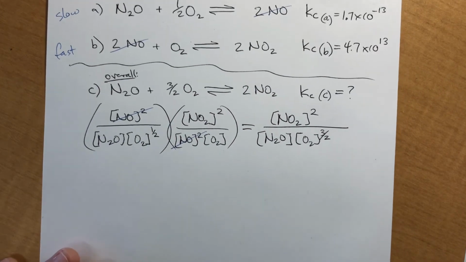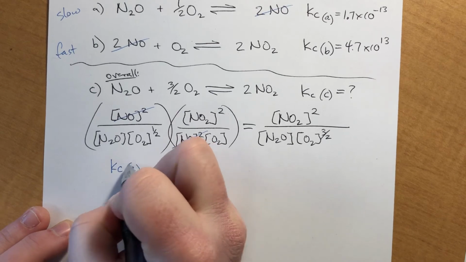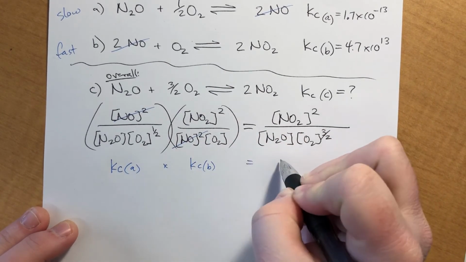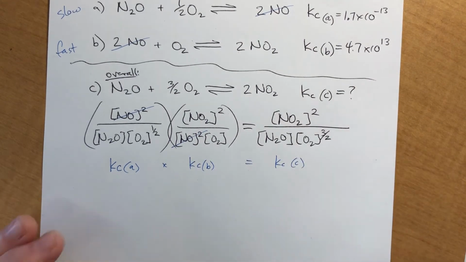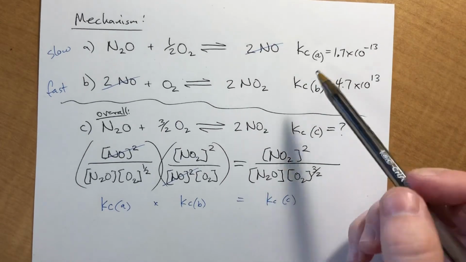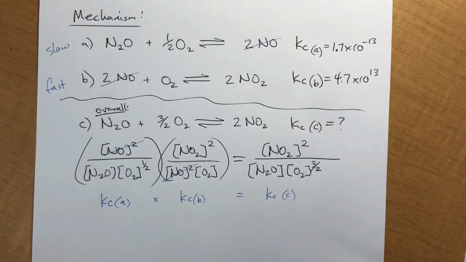Okay, so the other way you could visualize this is it's essentially Kc of A times Kc of B equals Kc of C. So in other words, if you have a mechanism, even if it's 78 steps long, if you multiply all the Kc values for each of the reactions, you should get the overall reaction's Kc.